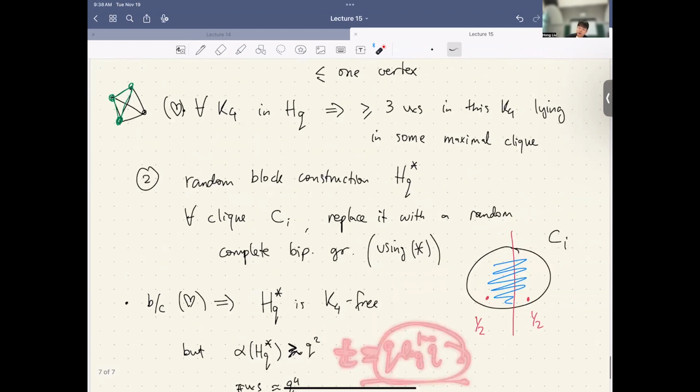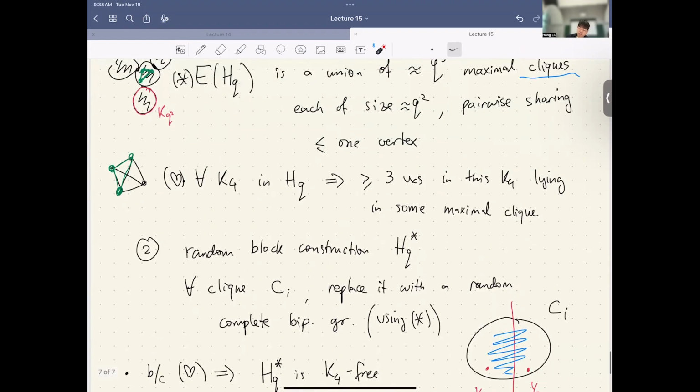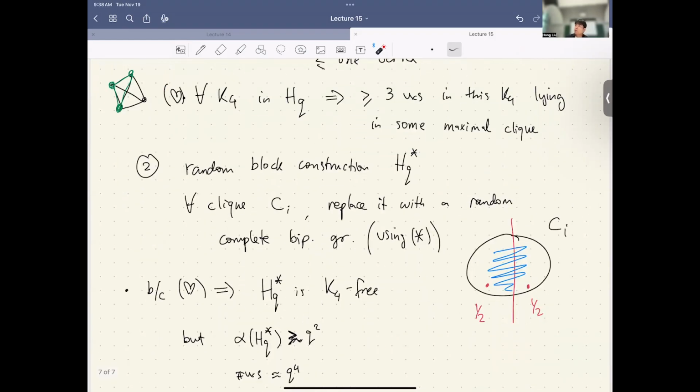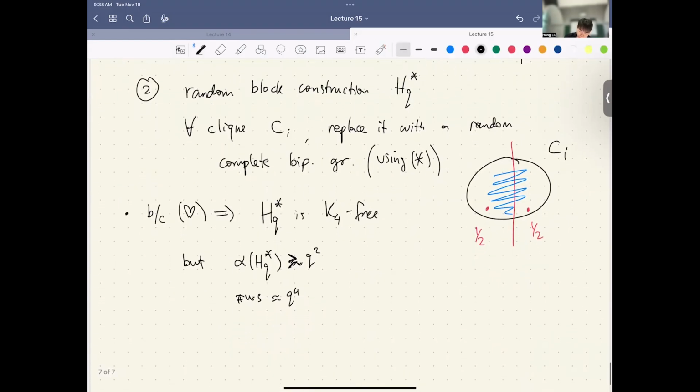Now, by randomly sampling a subset of vertices and looking at the induced subgraph, because there are not so many independent sets of size T, by first moment deletion, you can kill all of them. Of course, by taking a subgraph, you retain the K4 freeness, and the number of vertices drops a little bit, but the independent set drops more. That's the last step, step 3.